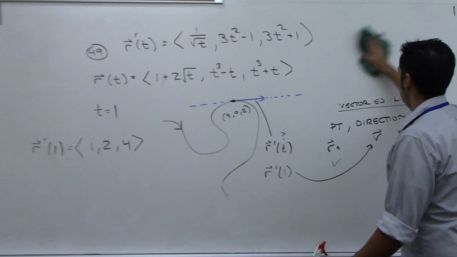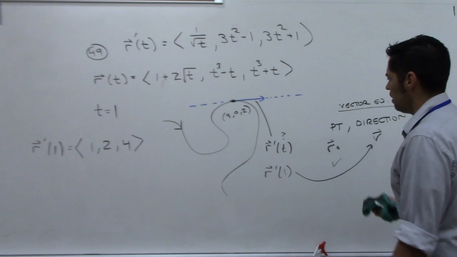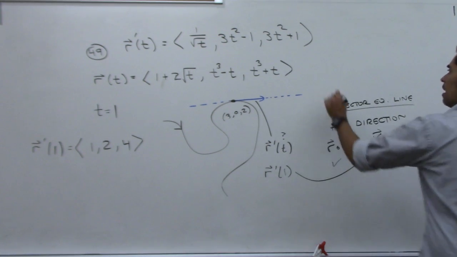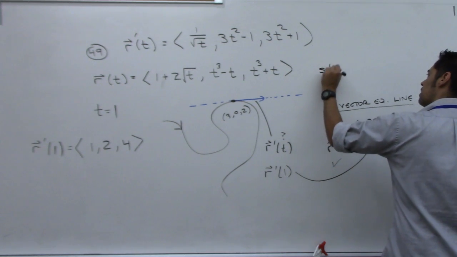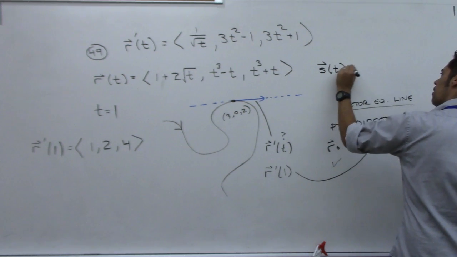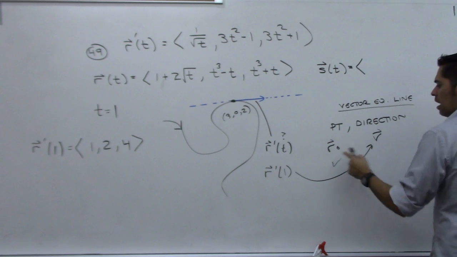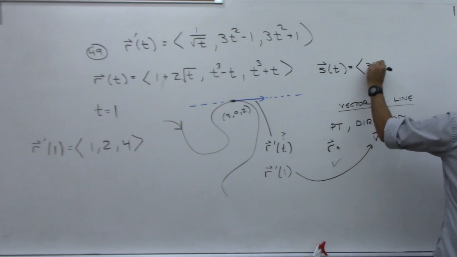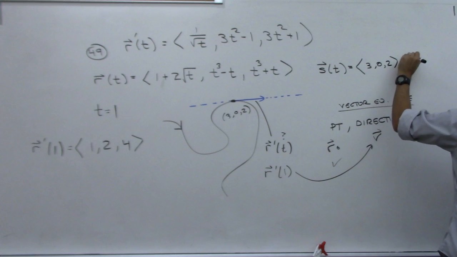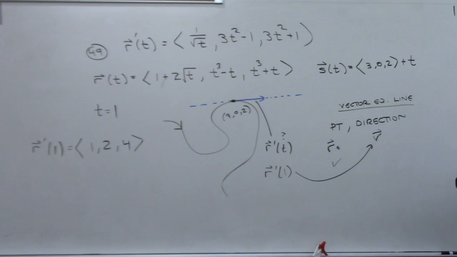Now I am going to do something a little different. We in the past have used r of t, but r has already been used. So I'm going to call it s of t. S of t is going to be r naught, which is the point written as a vector, plus t times v, and v is my direction vector 1, 2, 4.